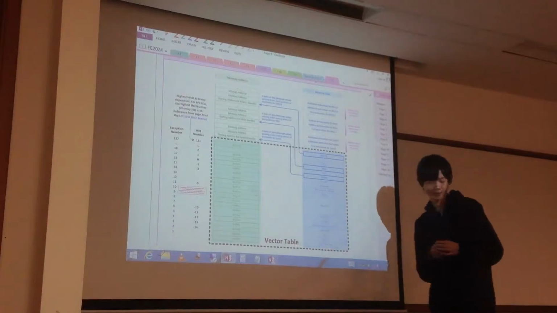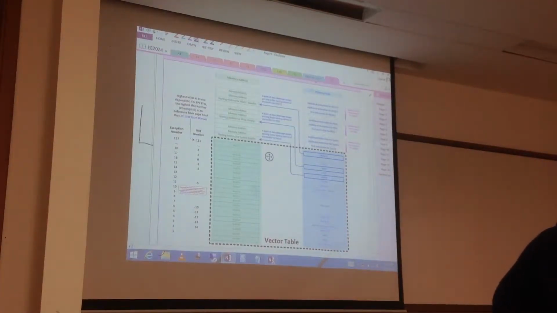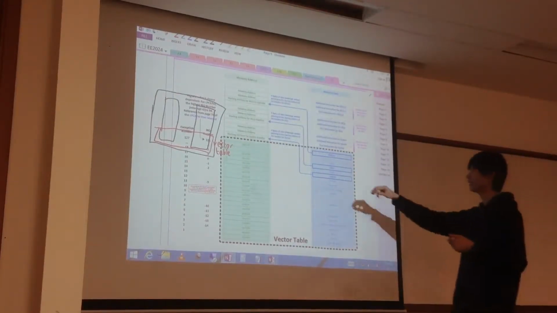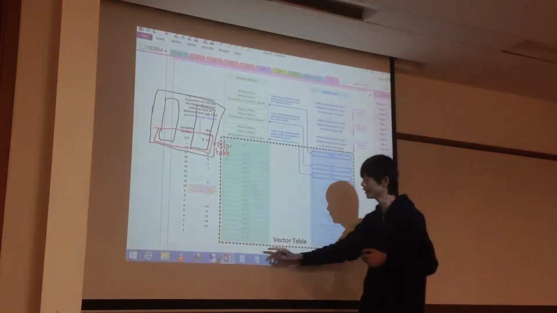It's more like you have a big memory, you have many addresses, many data. A small set of it is reserved and it is called a vector table.